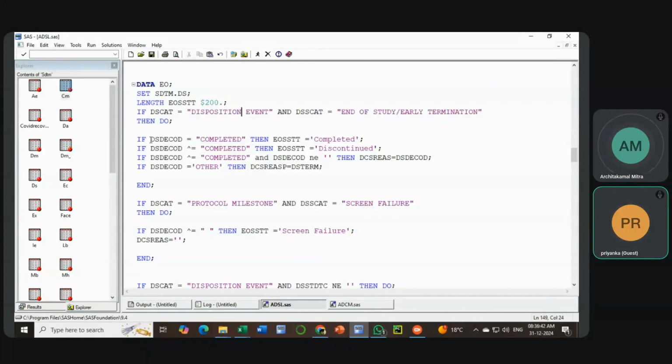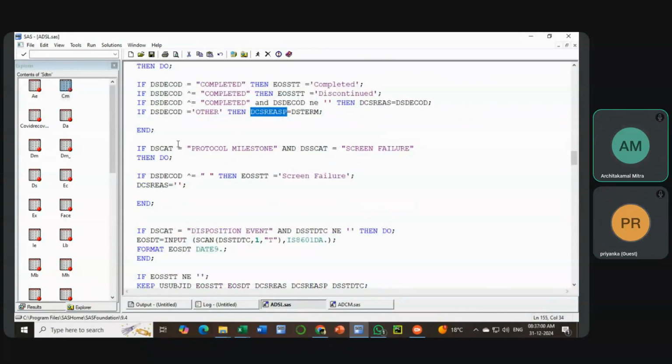Then we included three variables: EOSSTT, end of study status, discontinuation reason, and discontinuation reason specific. Then we changed the DS category to protocol milestone and DSSCAT to screen failure.